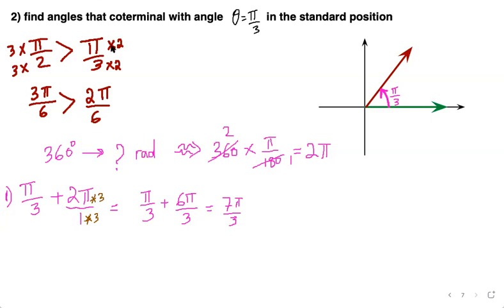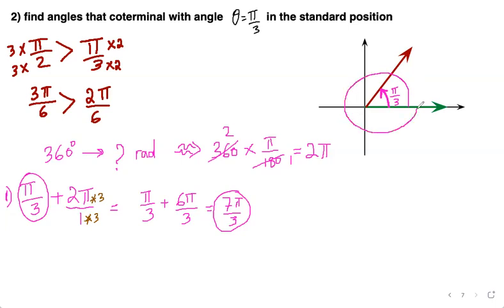So this angle is coterminal to the angle pi over 3. If I want to graph this angle here in the first quadrant, I have to start from this point and turn around 2 pi.